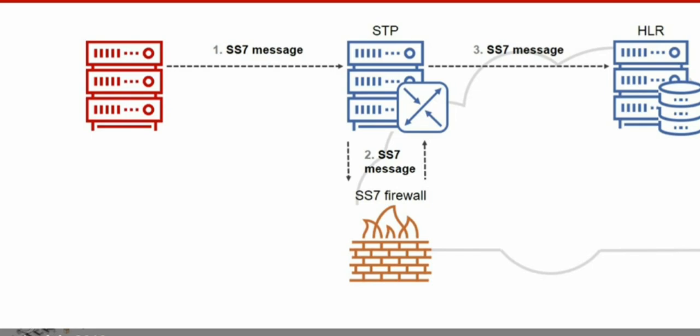The SS7 firewall inspects the message layer by layer, and if it defines the message as hostile, it just blocks it. Otherwise, the SS7 firewall sends the message back to the STP, and the STP delivers it to the destination node.